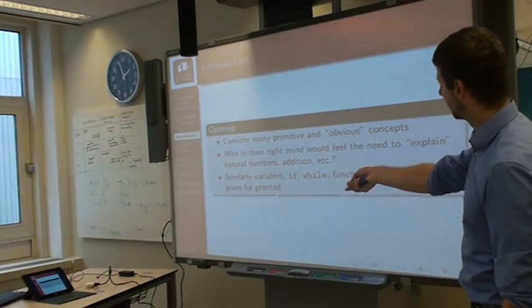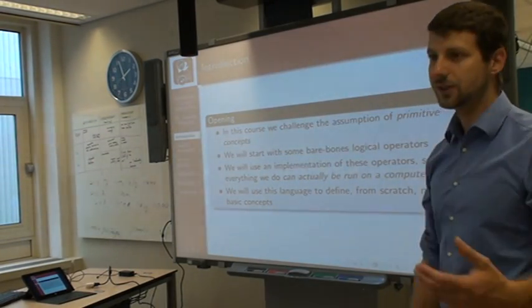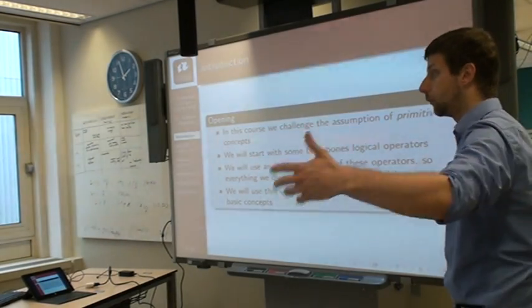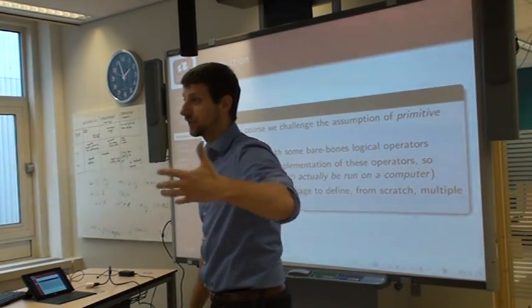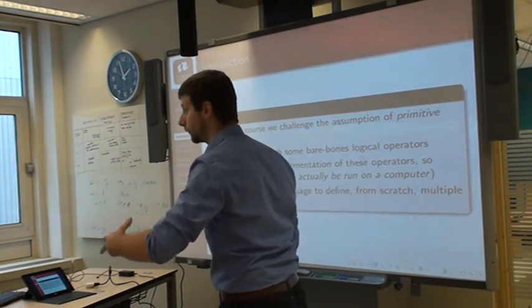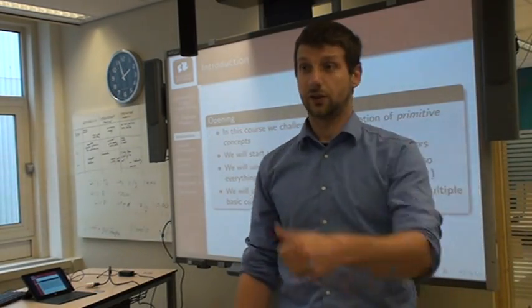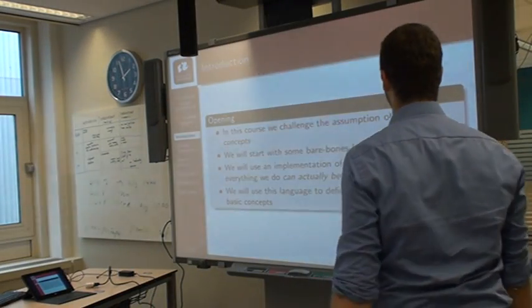Because we take it for granted. As we do stuff more and more in one very specific way, at some point it becomes almost a part of us. So the intuition of that becomes so deeply ingrained that we assume that it is a primitive concept and it doesn't need further explaining.